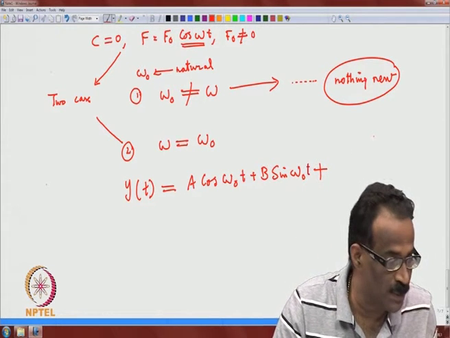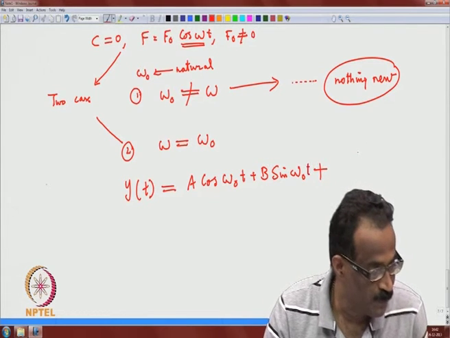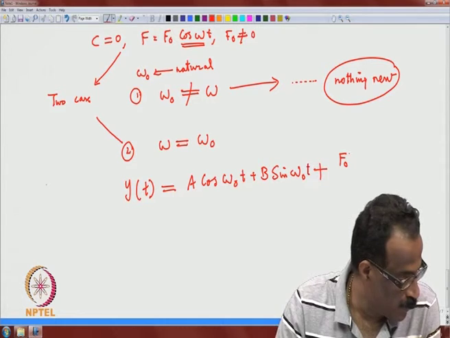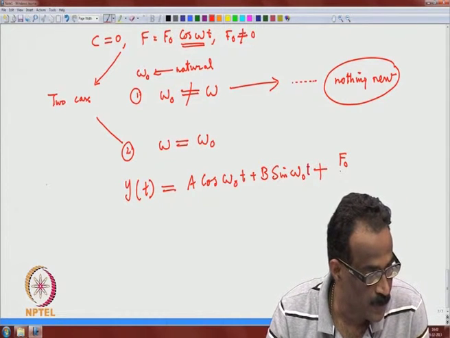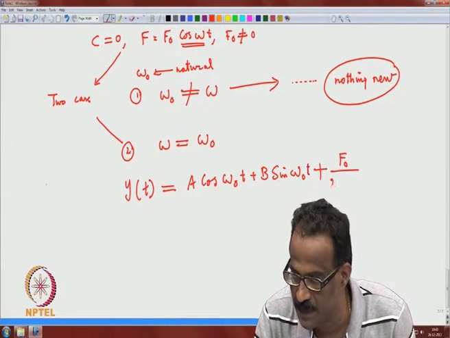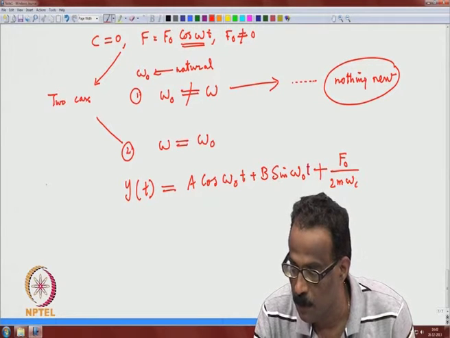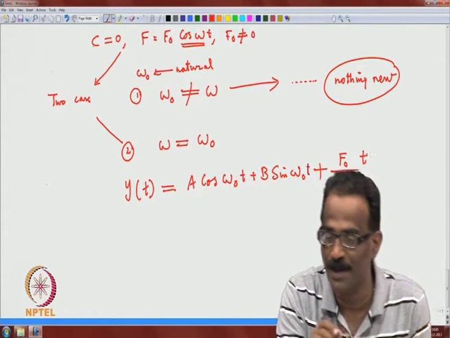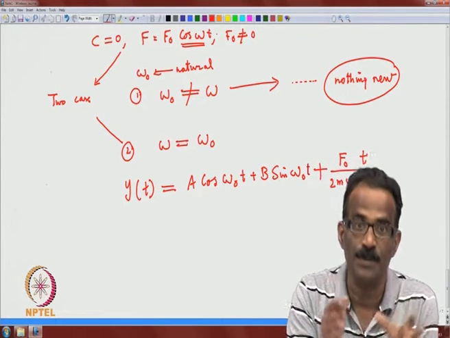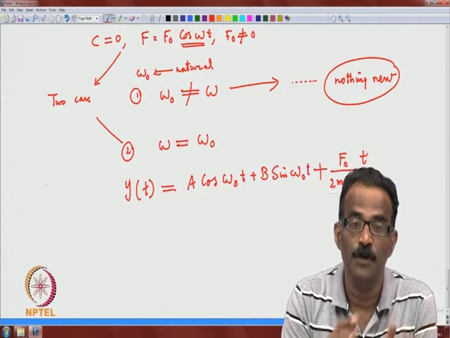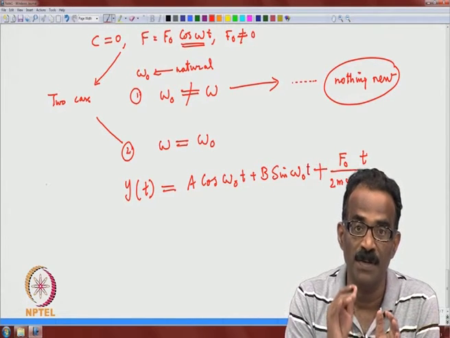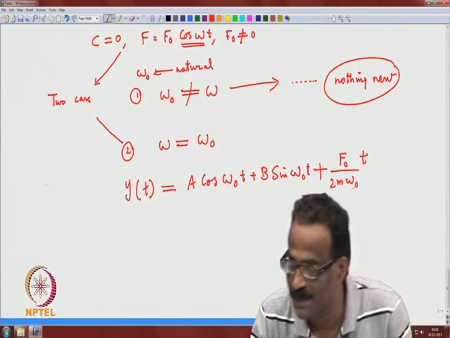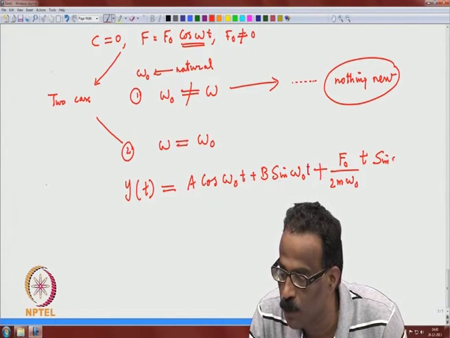The particular solution will be of the form f naught by 2m, these are small constants. The fact is that if cos omega t is a solution to your homogeneous system, you have to look for a particular solution of the form t cos omega t or t sin omega t, and that is what it gives you. You will have a sin omega naught t.